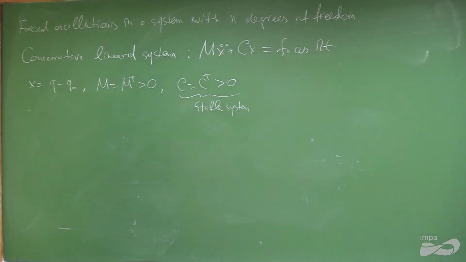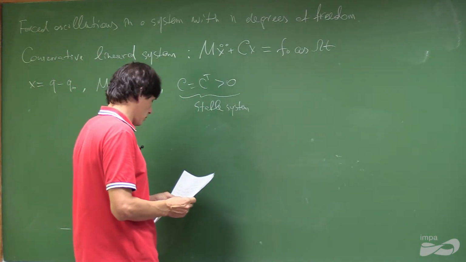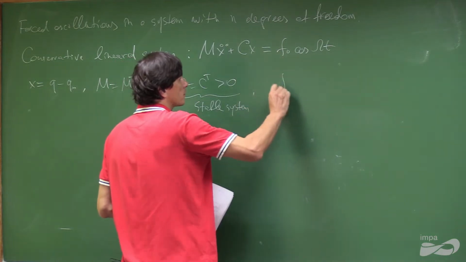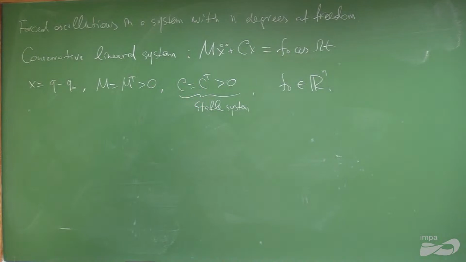Remember, a stable system requires that C is a positive definite matrix. Then F0 is now a vector, and x is also a vector of the same dimension n.